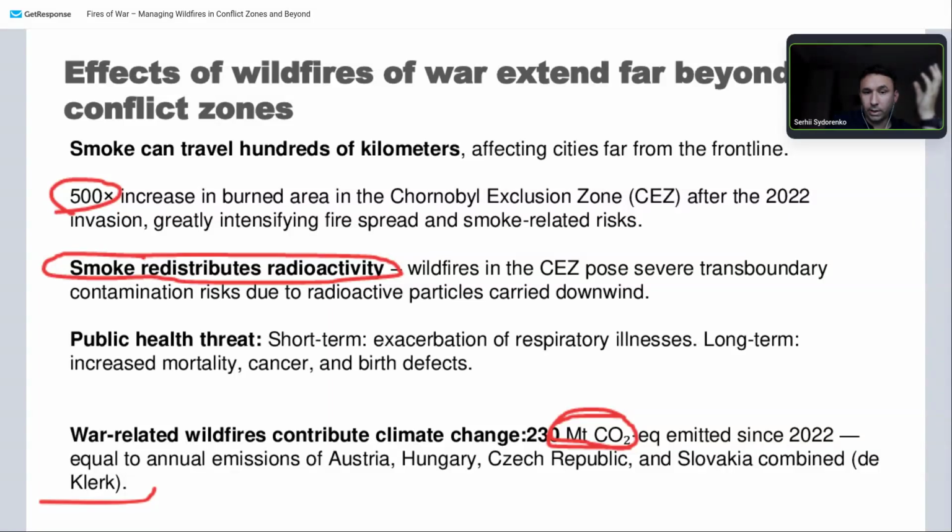So we can even talk about the impact of war on climate change.